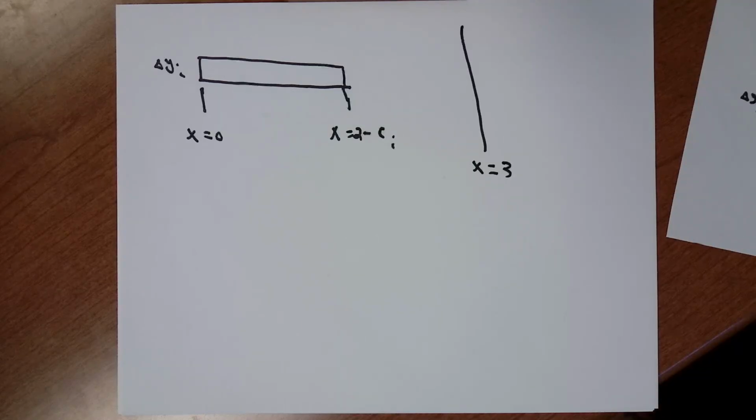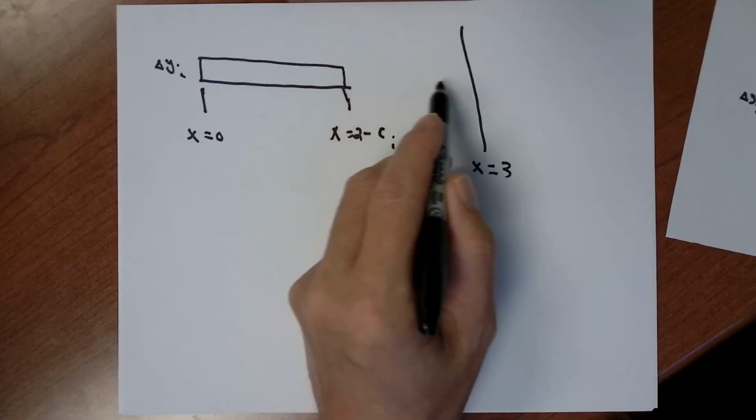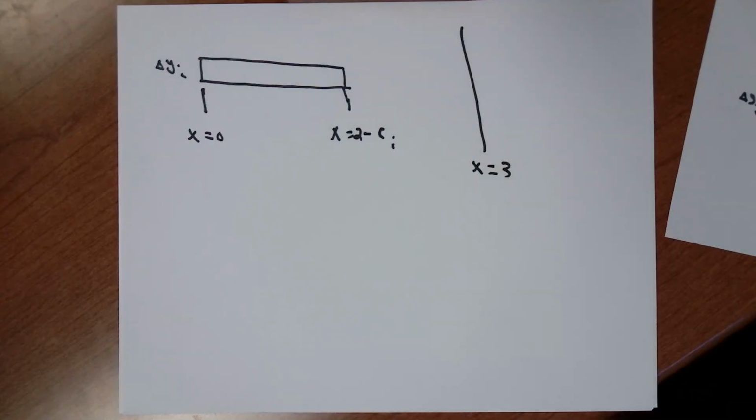If this were just the disk method, if I were including all of this, then the radius would be the horizontal distance between x equals 3 and x equals 0, and life would be easy.